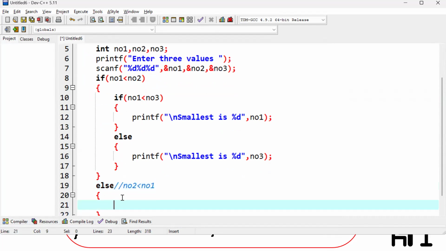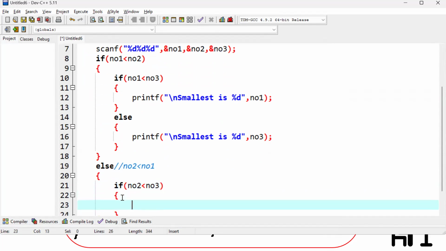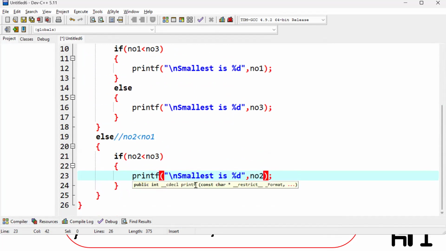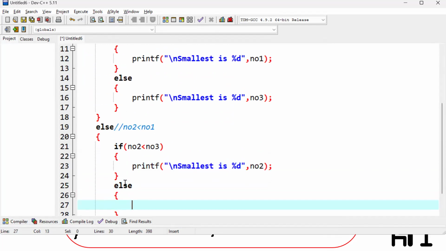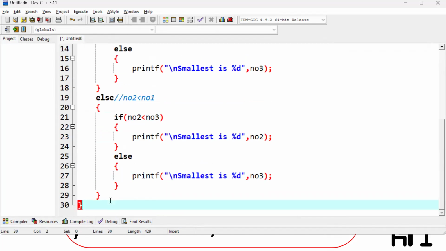So again I'll put a condition here: number 2 is less than number 3 or not. If yes, then number 2 is the smallest one. But if the inner if block is false, that means number 3 is smaller than number 2, so number 3 will be the smallest one.